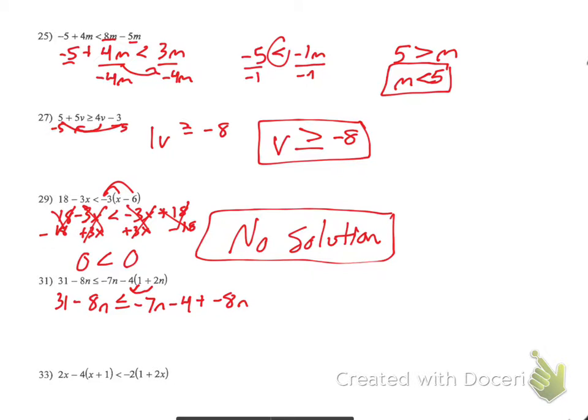So then I got to combine like terms. On the right-hand side, I know I can combine these. So if I rewrite it, it'll be 31 minus 8n is less than or equal to negative 7 plus a negative 8 is going to be negative 15n minus 4.